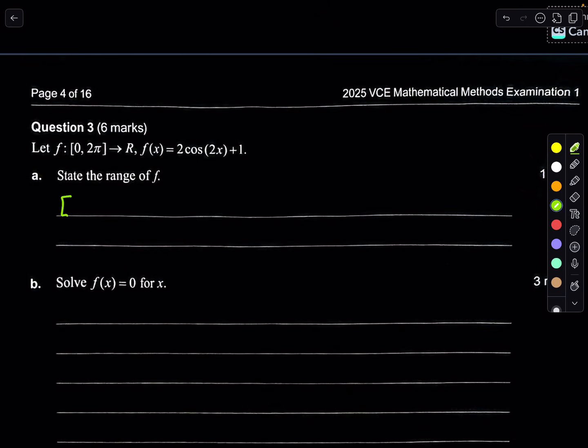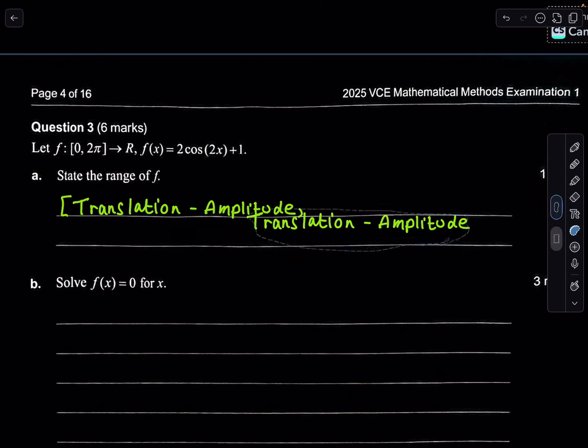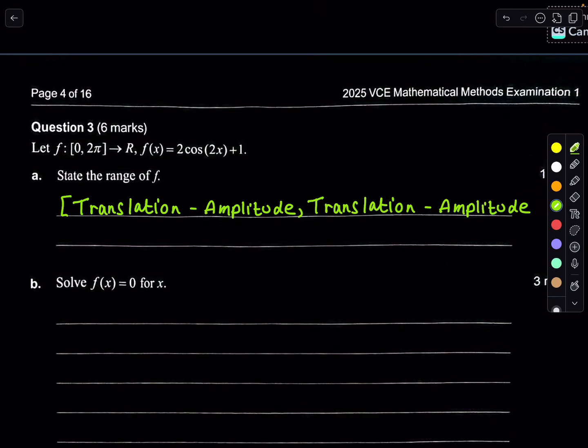It's basically the translation minus the amplitude, comma, doing the same thing, translation, but now plusing the amplitude. This is the rule that you want to use every time you want to find the range. It's very quick. It's right to the answer.